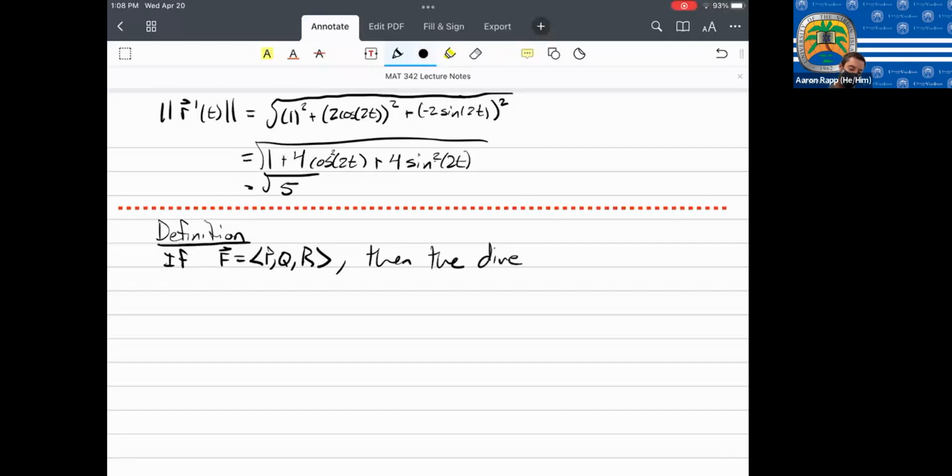And the divergence of F is the following. So one of the ways you're going to see it written is div for divergence. And then just your vector field F.